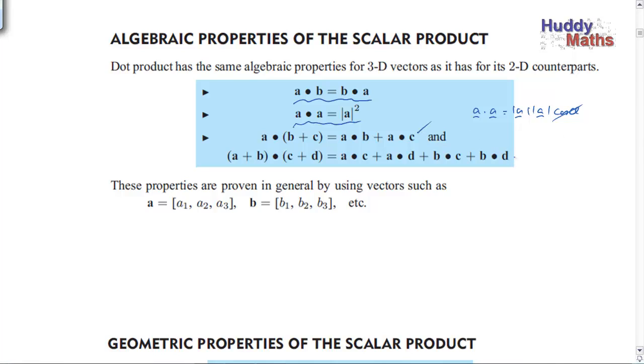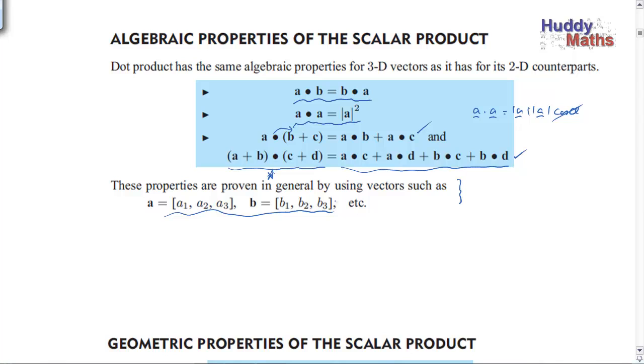And these ideas here, you can operate over, the distributive rule over addition, if you like, and then our expansion of this with the dot product is similar to FOIL, of course, in algebra land. Okay, so you could use the general vectors, and there are some of those coming up, to prove that that's the same. So you do the left-hand side and then do the right-hand side, all in vector components here, and show they come to be the same thing.